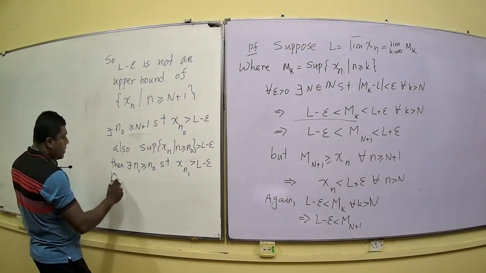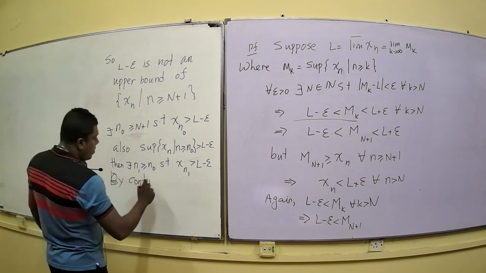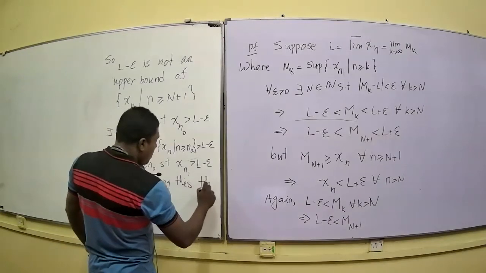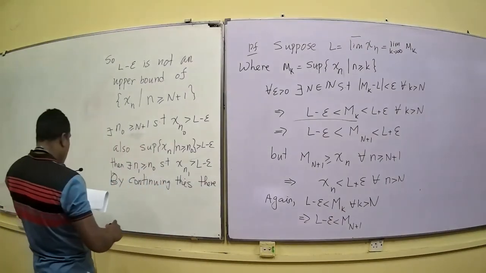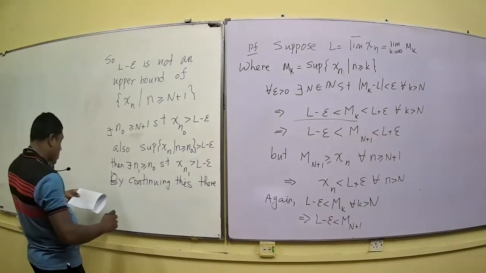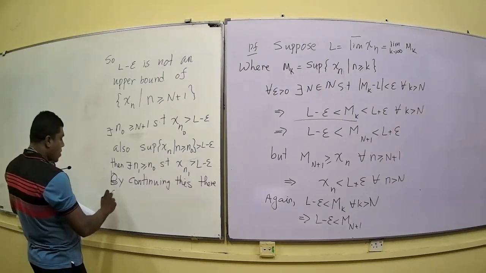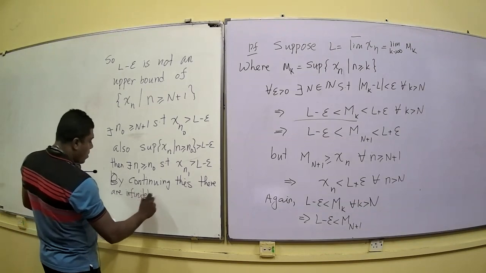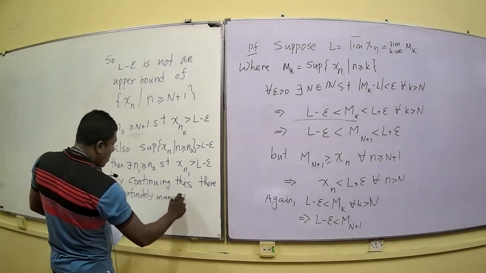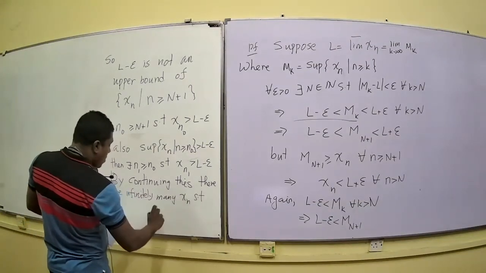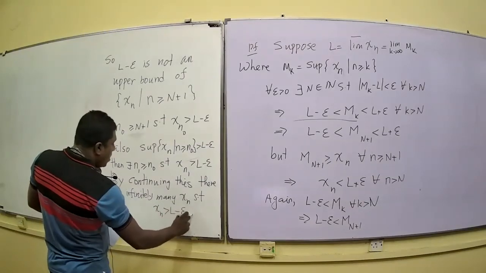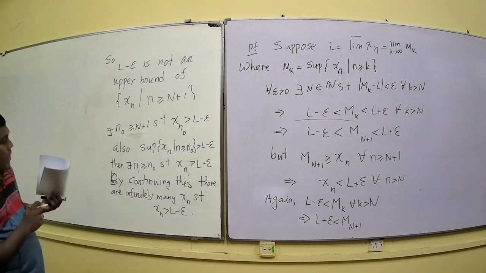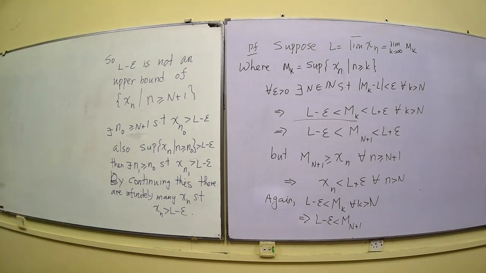By continuing this, you will find infinitely many xn's which are bigger than L minus epsilon.